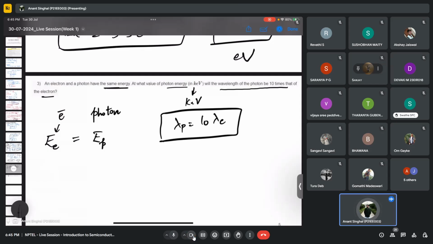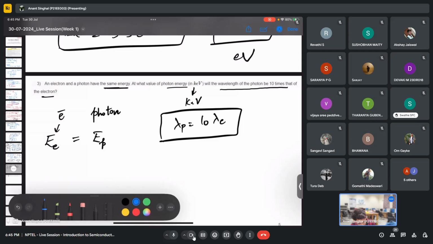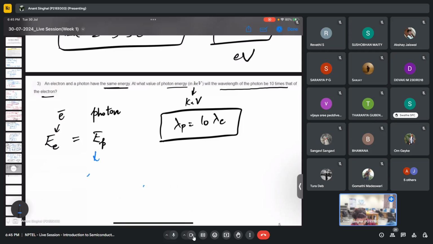Just to give you a hint, we already know that using the photoelectric effect, the photon energy will be hc by lambda, and we have already calculated the energy of the electron in the previous question, which is p square by 2m.